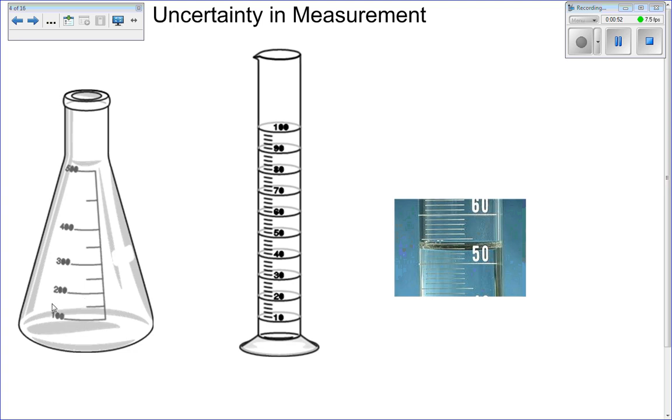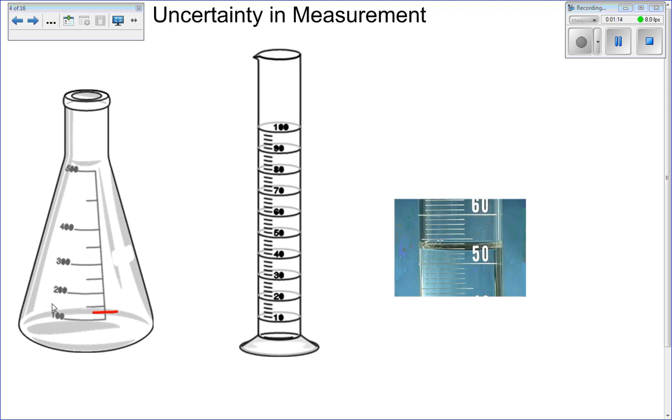So the uncertainty of this particular one is going to be halfway to that first mark. And so if I'm at 100, if I go halfway, I know that that is 25. And so I'm pretty certain that that's 25.